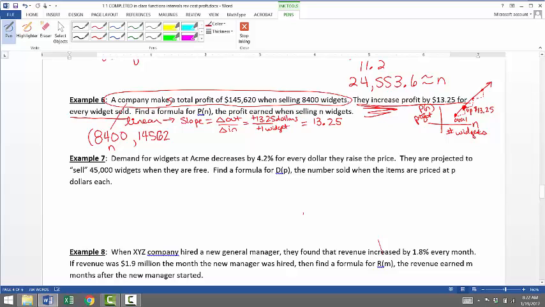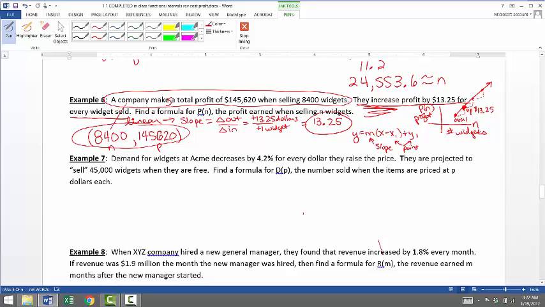Now we have the slope of the line and a point on the line, so we can find the equation of the line. Recall, you can write the equation of a line using the point-slope form, where you plug in the slope for m, and you plug in the point for x1 and y1, and so I'll just write it out.